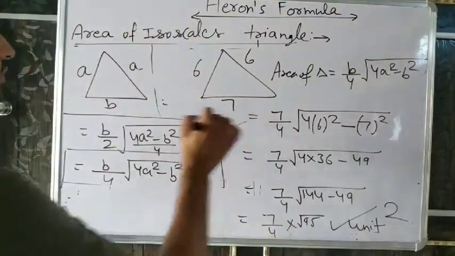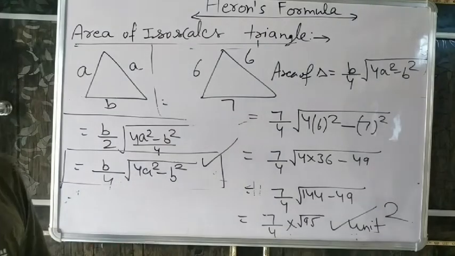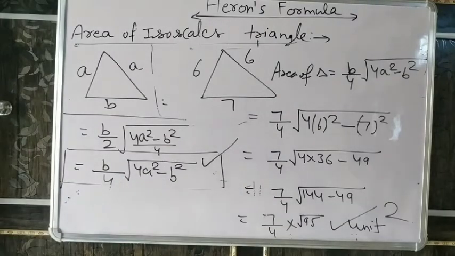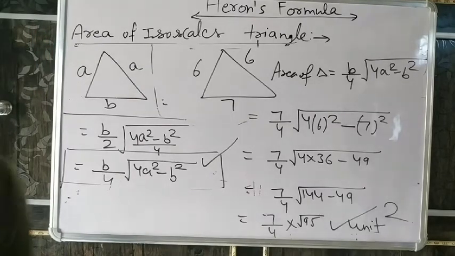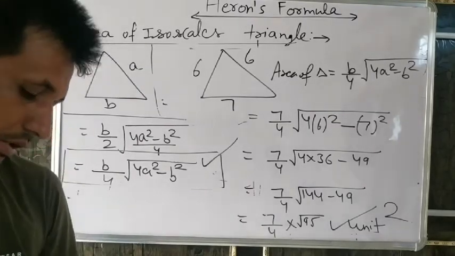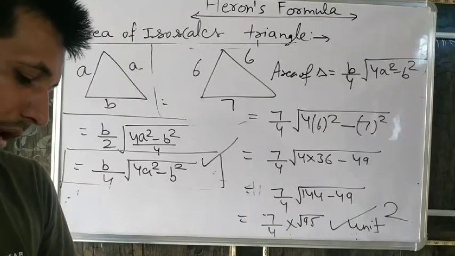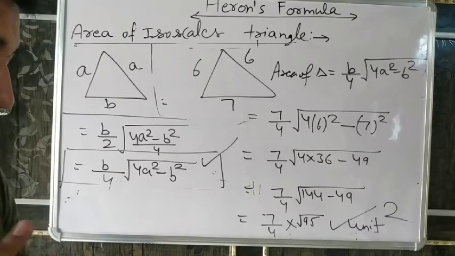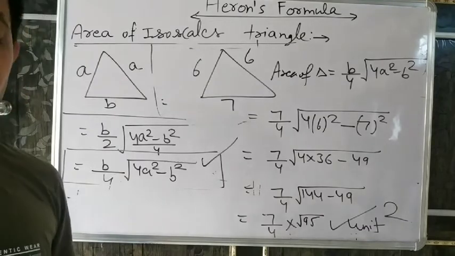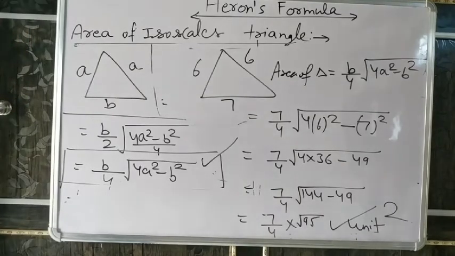So remember these two formulas: area of equilateral triangle and area of isosceles triangle. Understand? Same as in our exercise 12.1, the first question is also an equilateral triangle. Read the first question one time, everyone.